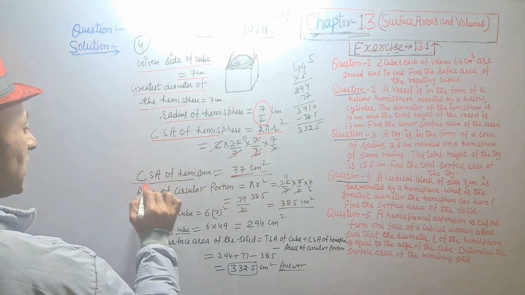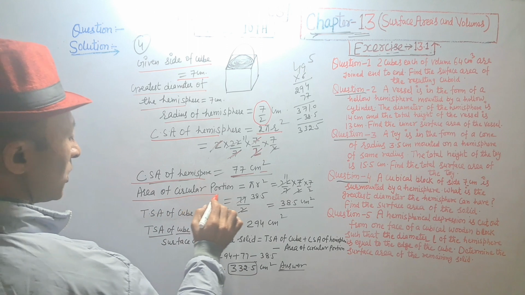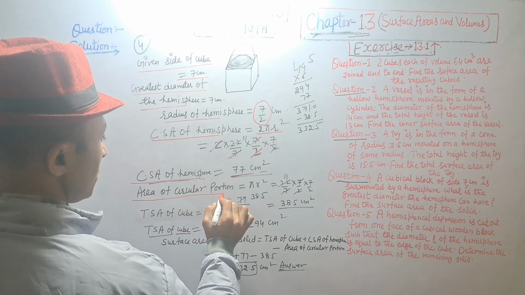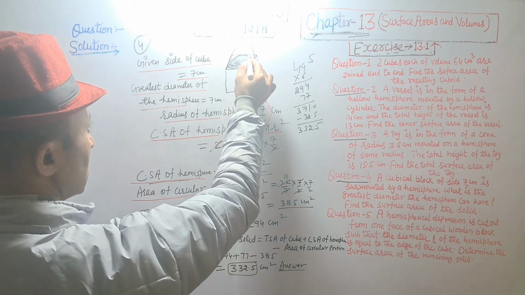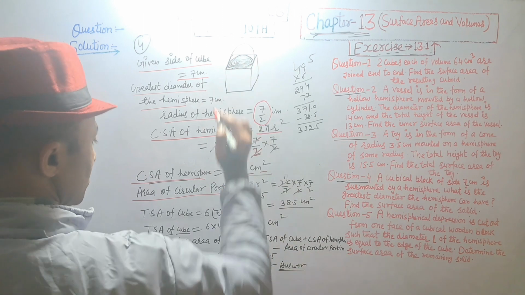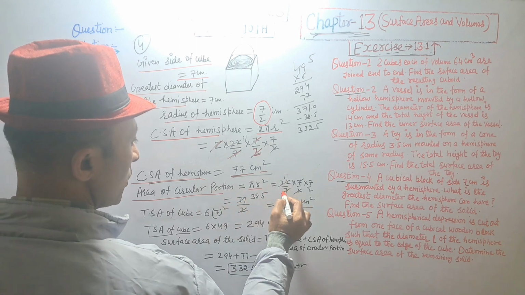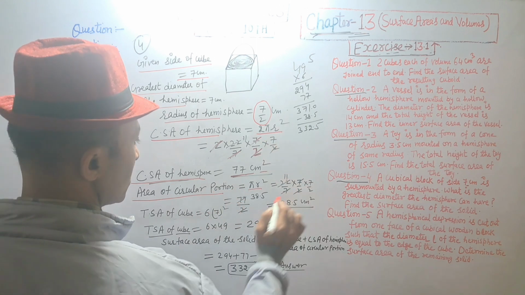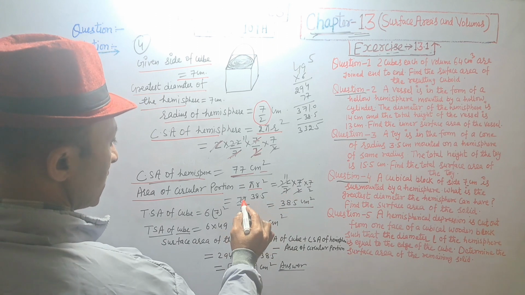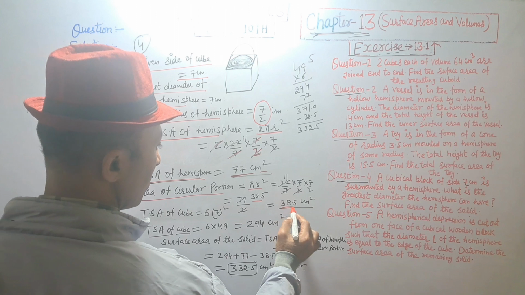Its curved surface area of hemisphere. And area of circular portion, that is area of circle covered by hemisphere, we get pi r square, 22 upon 7 into 7 upon 2 into 7 upon 2. We get 77 divided by 2 is 38.5.